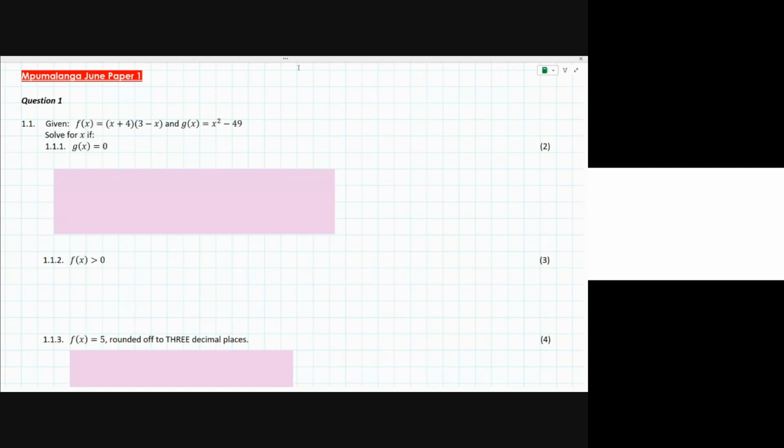So 1.1.1 says solve for x if g of x is equal to 0. All you need to do, guys, is take g of x and make it equal to 0. It's like solving for x-intercepts on a function. So this is a 2 marker. I'm going to give you 2 minutes. What are your solutions for x if g of x is equal to 0?